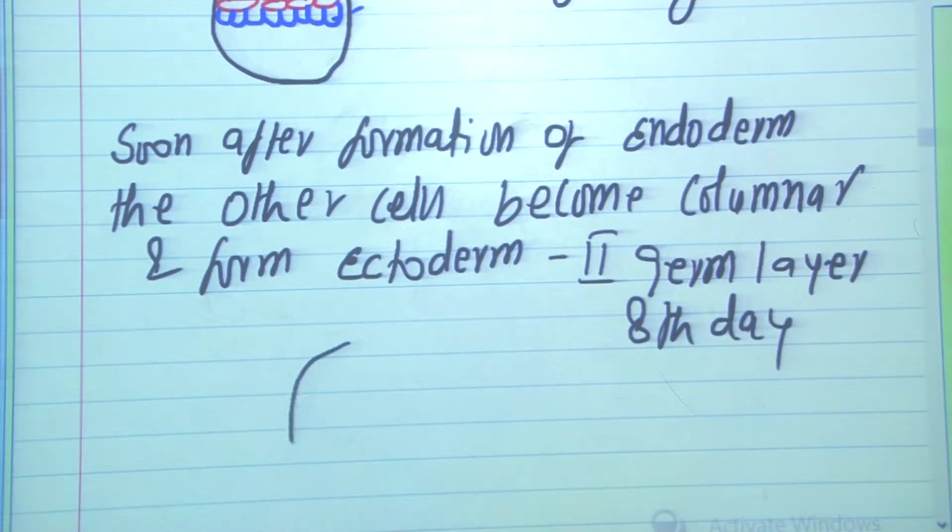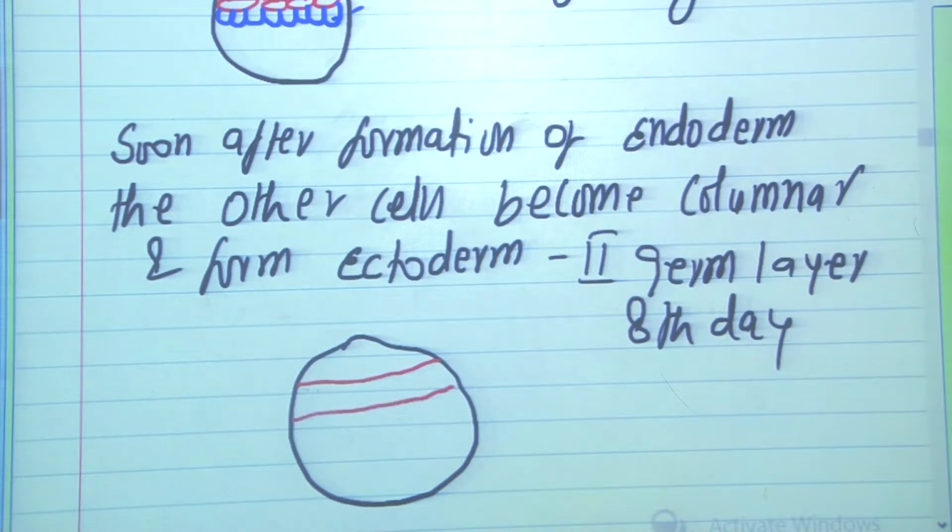See it, this is the trophoblast. This is ectoderm. And this is the endoderm.